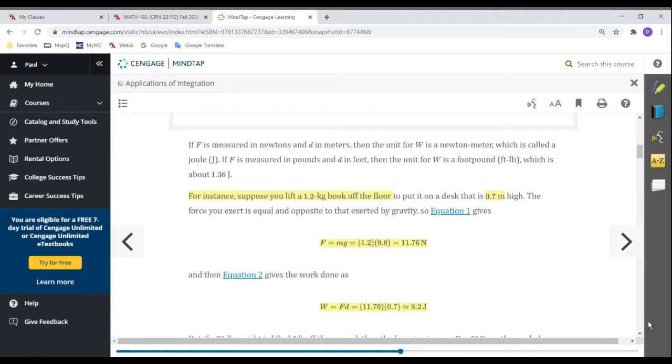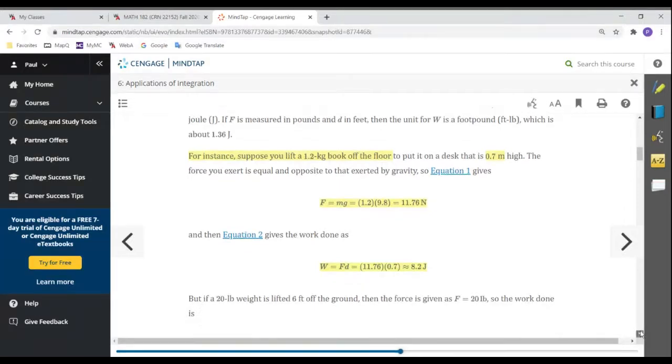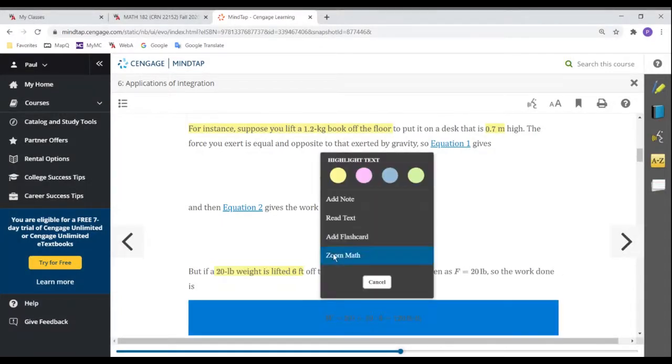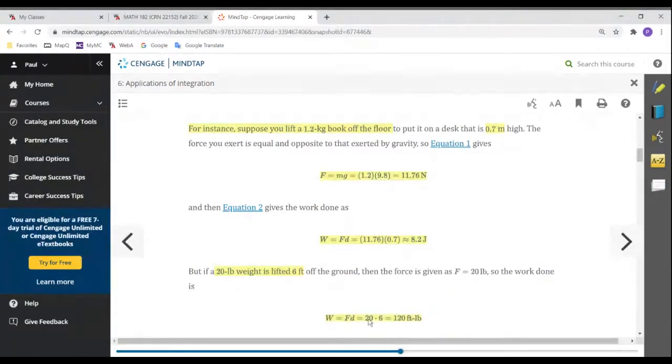The force is 11.76 newtons. So in this section 6.6, what we're going to do, and incidentally, I'll mention too, in the case where you have a 20-pound weight that's lifted 6 feet off the ground, the work to do that would simply be force times distance, but the 20 pounds is your force, because you have to overcome the 20 pounds to lift it. So 20 pounds times 6 feet.